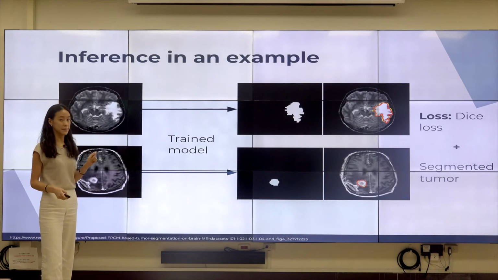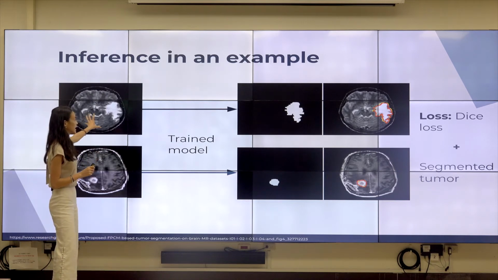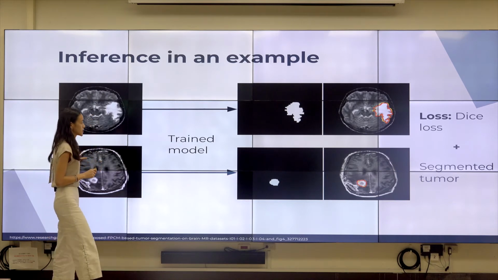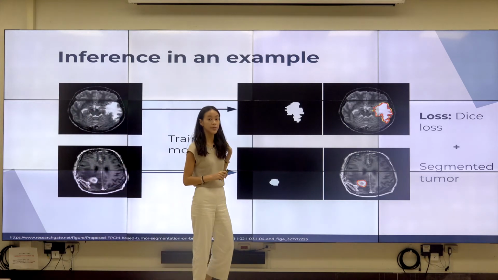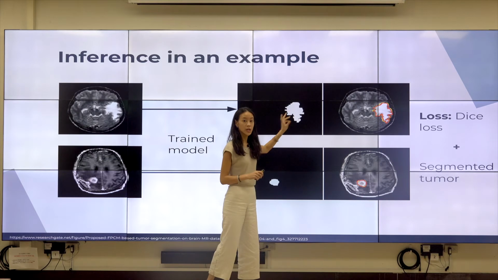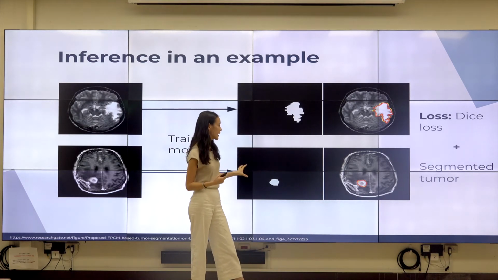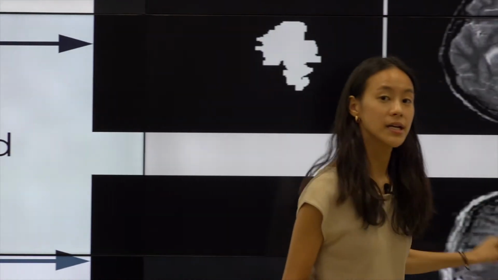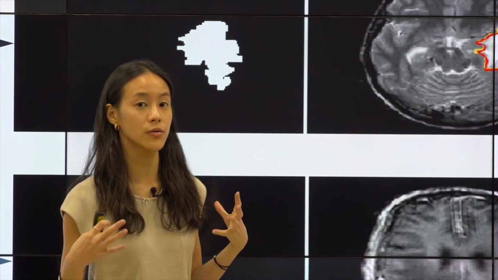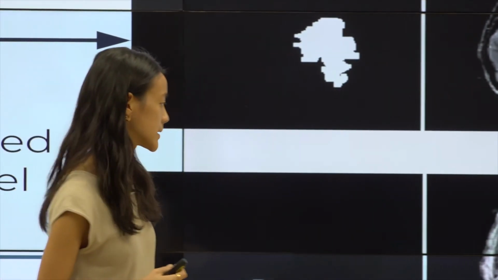So, inference in an example. Going back to everything that we talked about, this we can see as the testing data set, for example. Putting that into our trained model, we would end up having our segmented tumor, where the model decided to predict the tumors. And it compares it to the original label, the ground truths, for example, the ones that the doctors labeled for us.